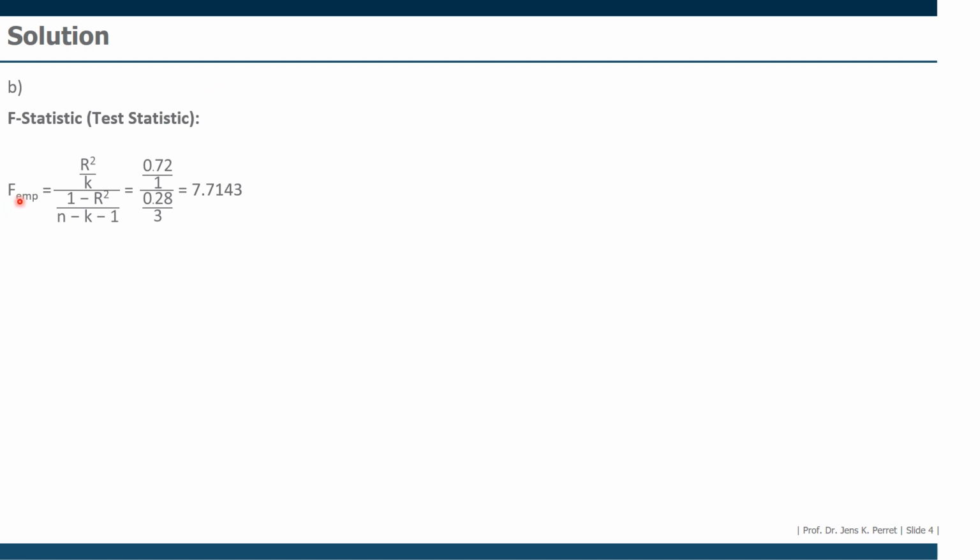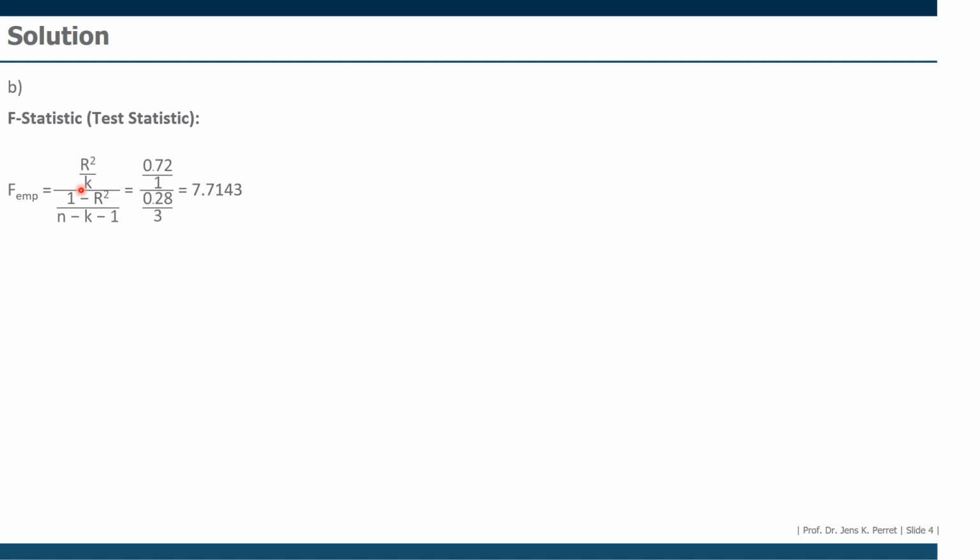And the test statistic for the f-test simply is r squared divided by k. K is the number of independent variables. So our r squared was 0.72 divided by 1, since we only have one x variable.